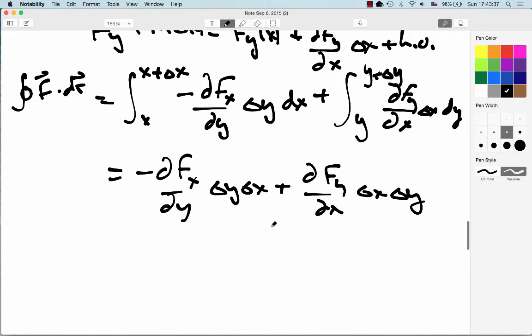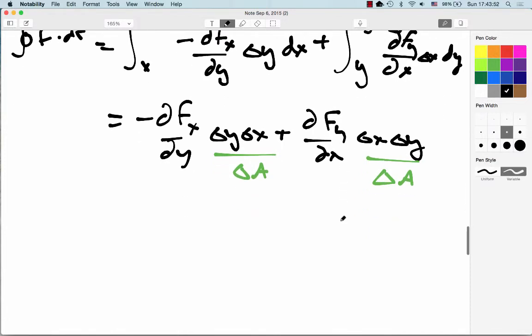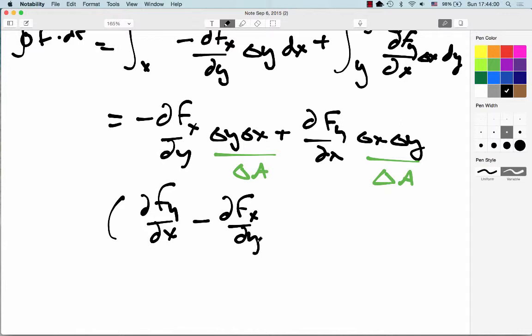Well, in both cases, I look at these and go, hey, that's the area of our box. So we can group that out and finally get a partial fy partial x minus partial fx partial y times our area.